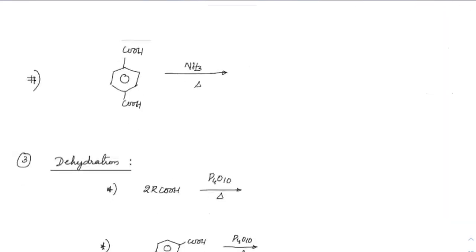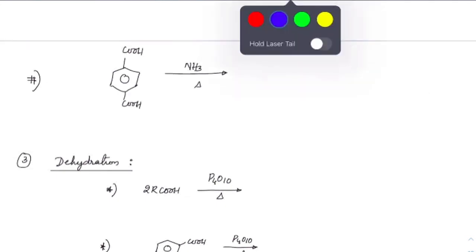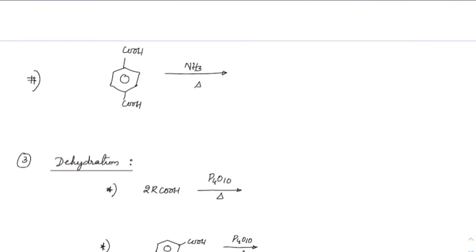Next, last one, if you just check it out. Here also heat has been provided. Now we will have first COO minus NH4 plus, COO minus NH4 plus, right? This I'll write heat separately.